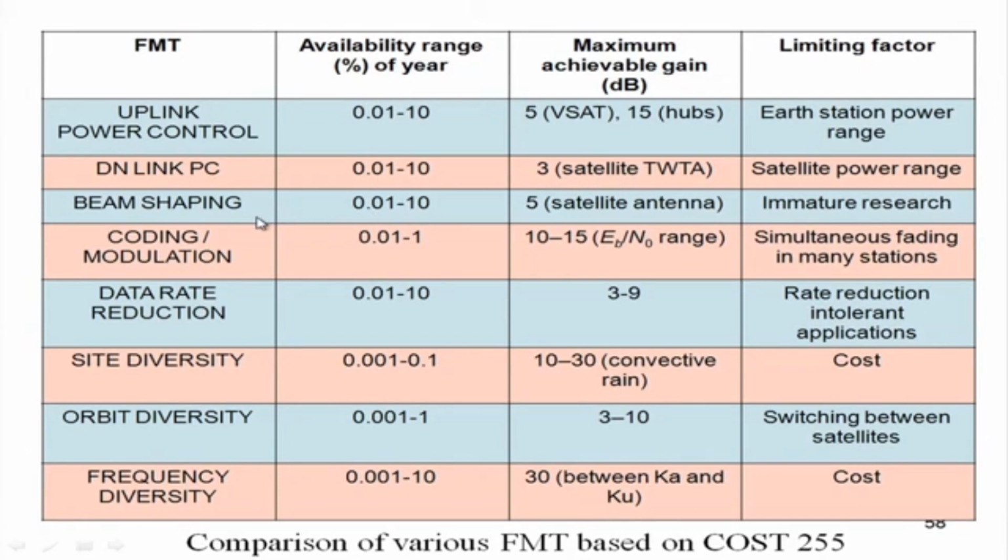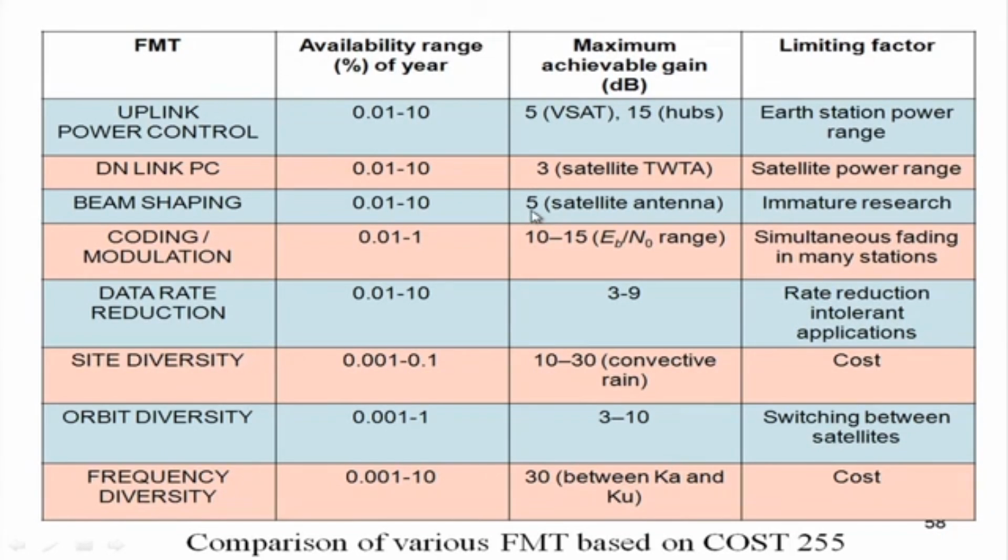Now beam shaping is idea level only. Till now very few people have experimented with it commercially, at least I am not aware. That means during the fade you change the pattern of the antenna itself, so that the areas which are getting the fade or rain get larger antenna gain by shaping the antenna beam. You don't touch the power amplifier.